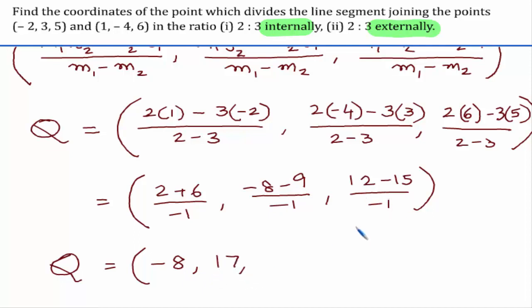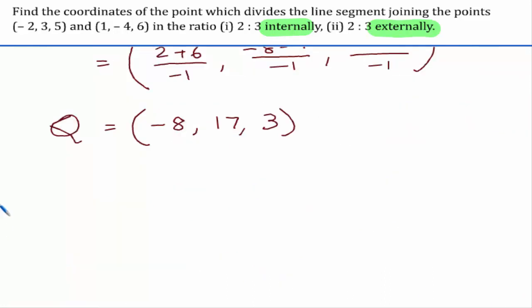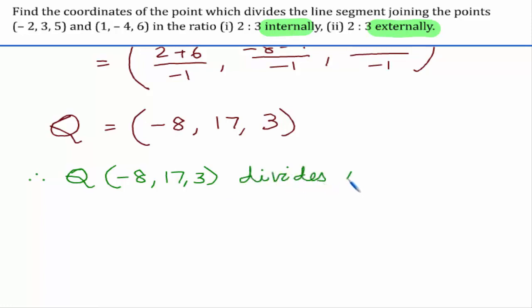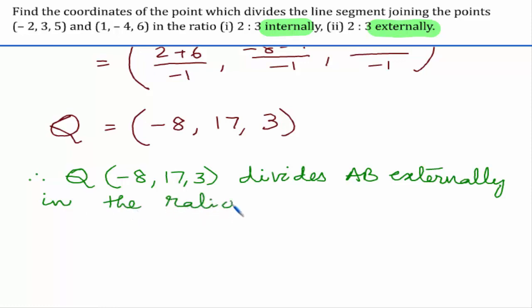And this is minus 3 by minus 1 is 3. So therefore, another point Q with the coordinates (-8, 17, 3) divides the line segment AB externally in the ratio 2:3.